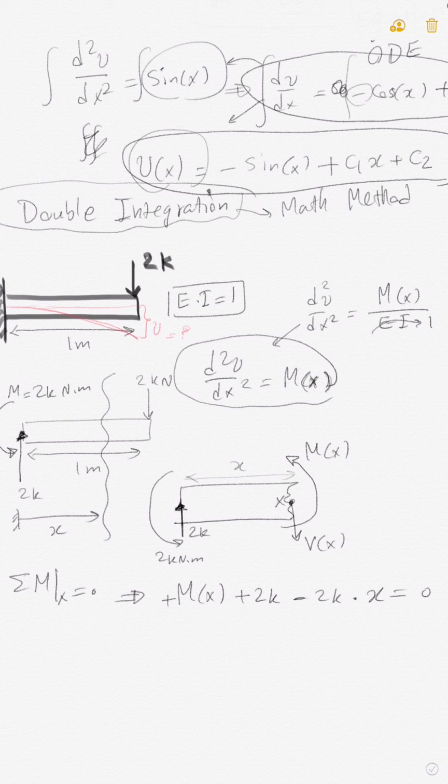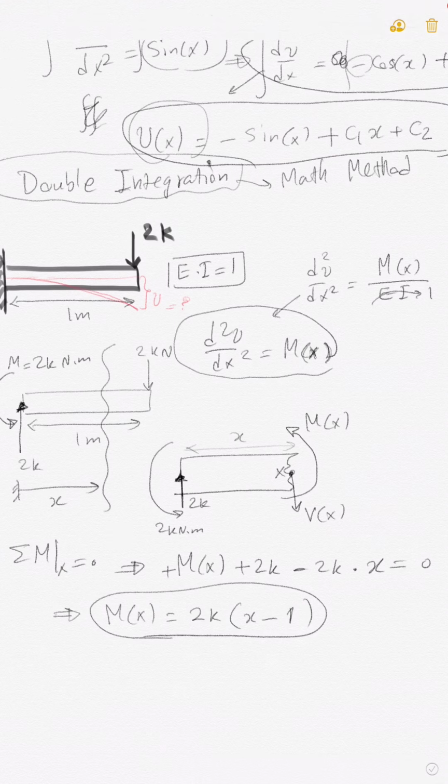So positive M of x plus 2K, negative 2K times x is equal to 0. Then you get M of x is equal to, take everything to the right, 2K times x minus 1. That's what you get for moment.